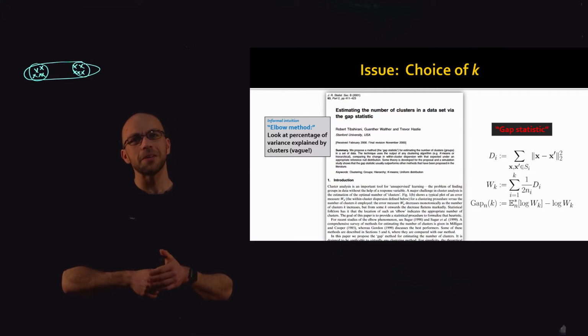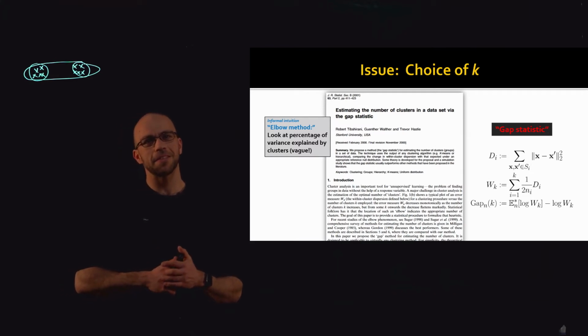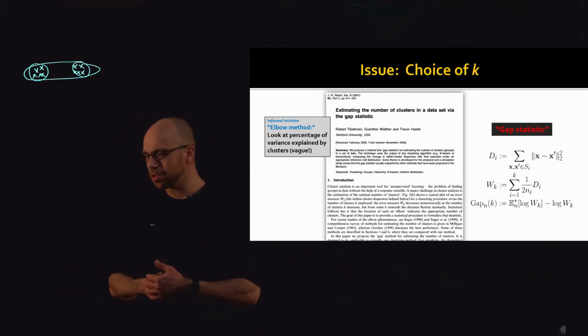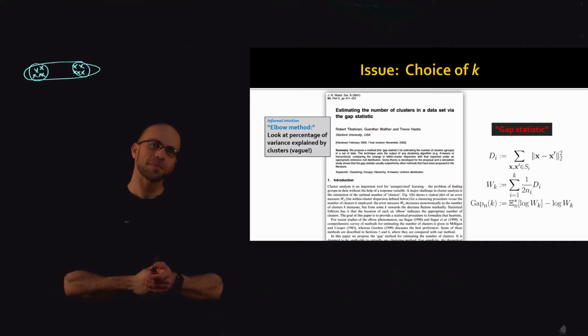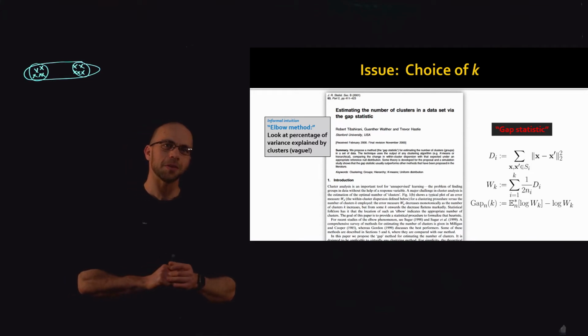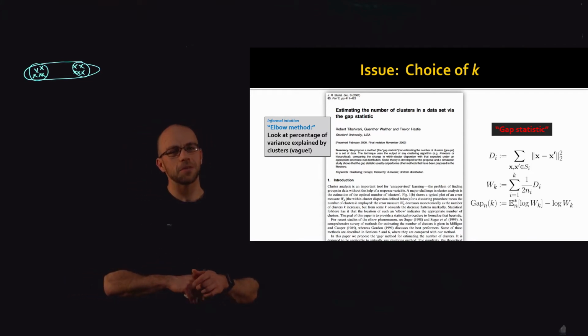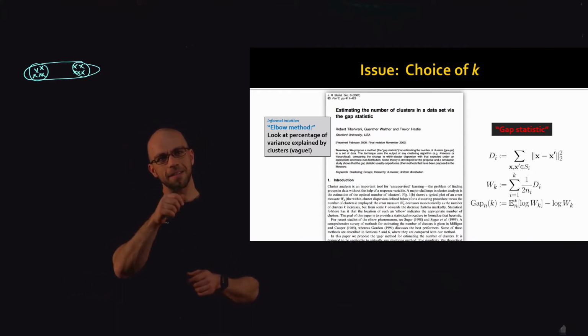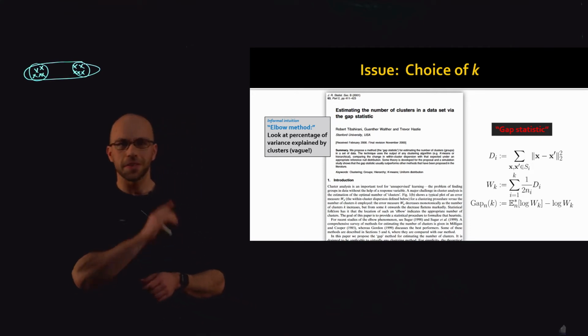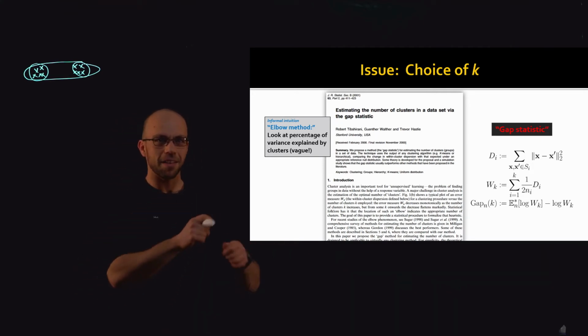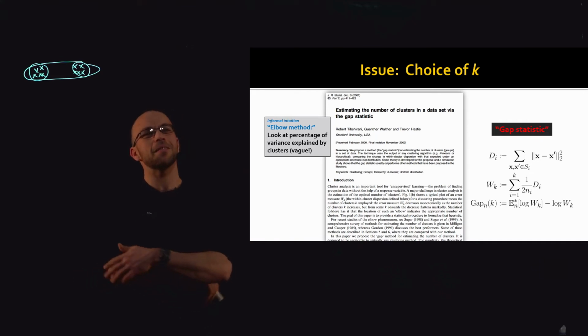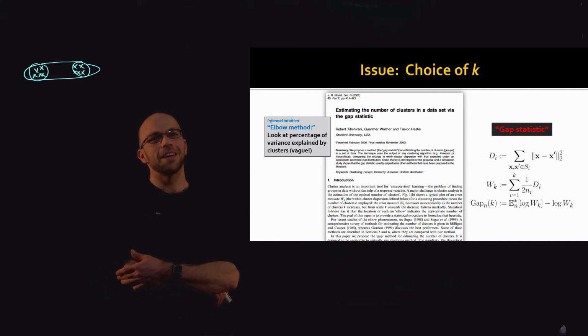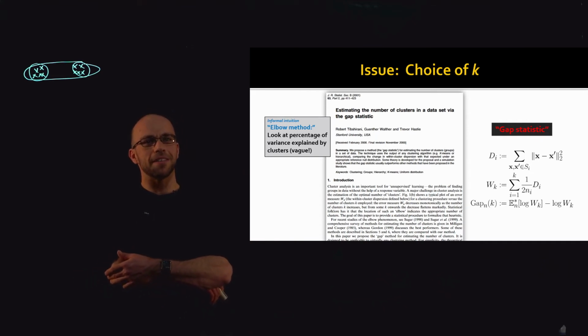There's an extremely famous technique known as the Gap Statistic, which I've given you a pointer to in the literature on this slide, which computes a pretty easily computed number. The basic point is that you look at the variance going on inside of every cluster, which is roughly this quantity D_i, the sum of pairwise squared distances between all the points in our different clusters, the S_i's.